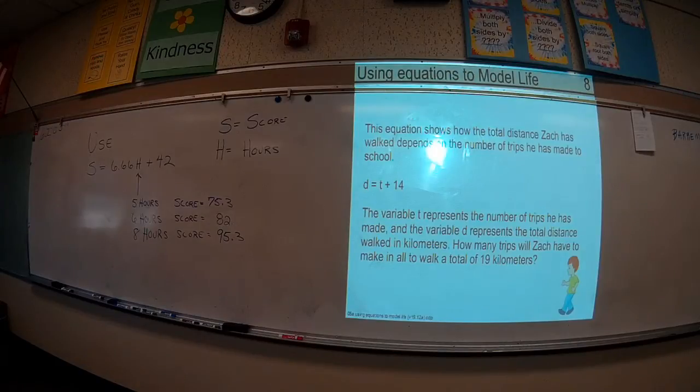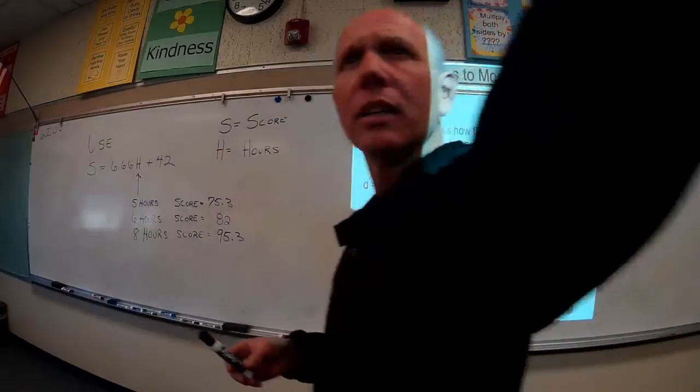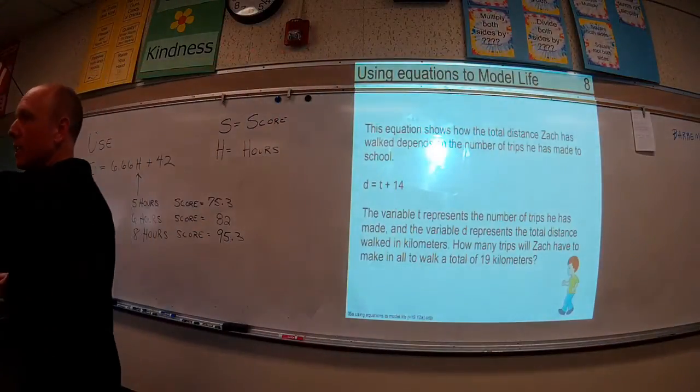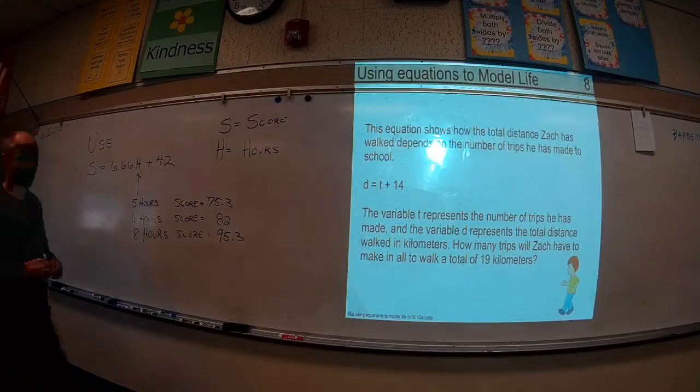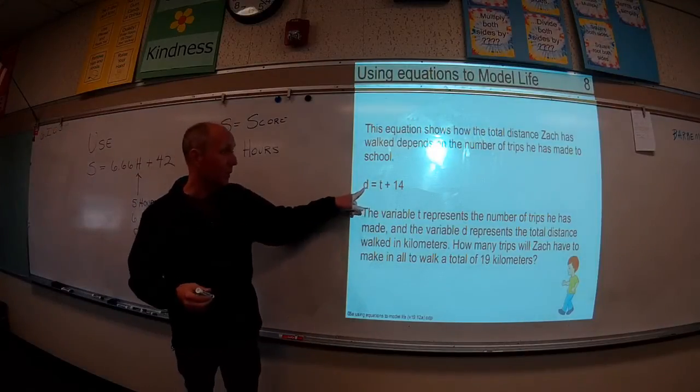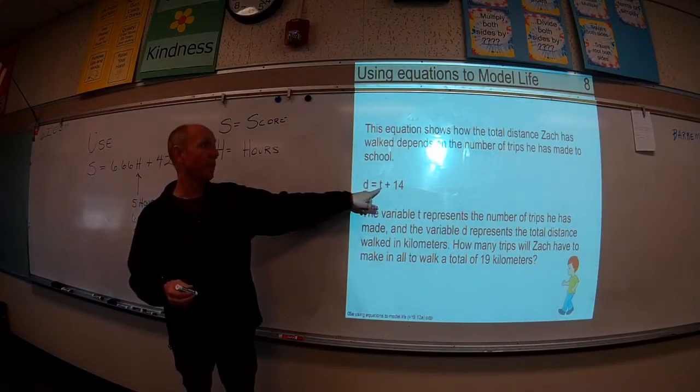So how many trips are you making? It's not a total distance. What is your unit? Then tell me the trips. It is 5 trips. If I go 19 kilometers, that would have taken 5 trips.